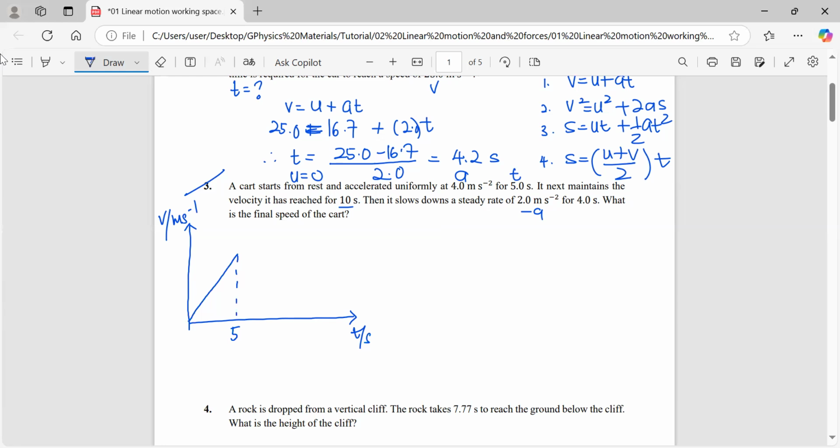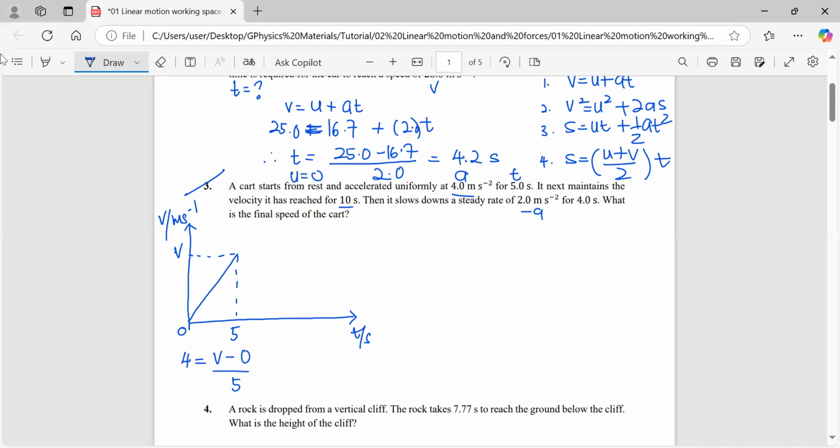So if I'm getting acceleration as 4, here is 0. Here I should have a value, which I don't know. Can put this as V. The acceleration is already given as 4. So if I use the formula, 4 equals the final speed V minus 0, divided by the time taken, 5.